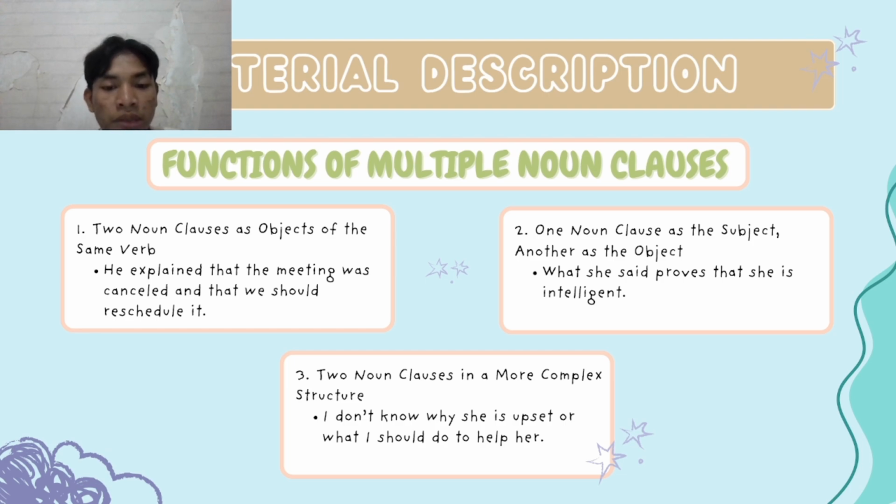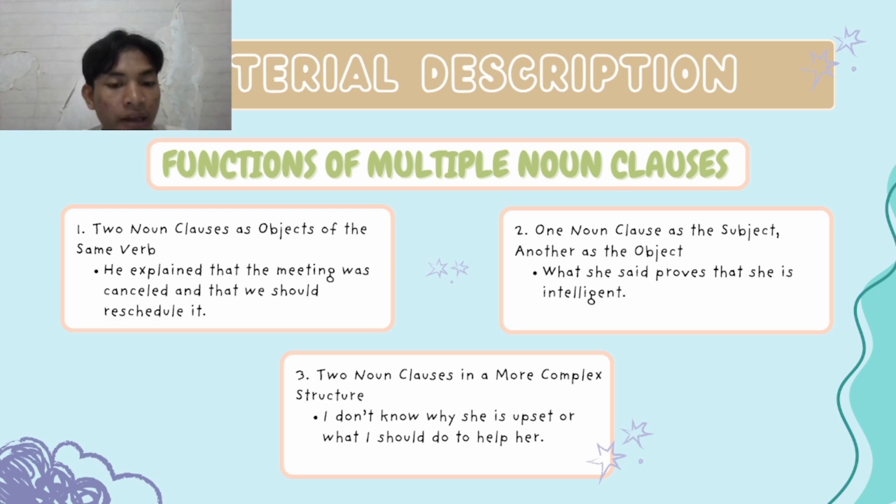Formula for multiple noun clauses in one sentence. Two noun clauses as objects: the same verb is shared, while both noun clauses act as objects of one verb in the main clause.